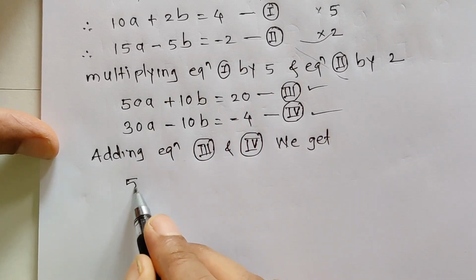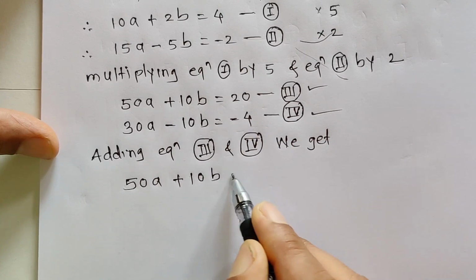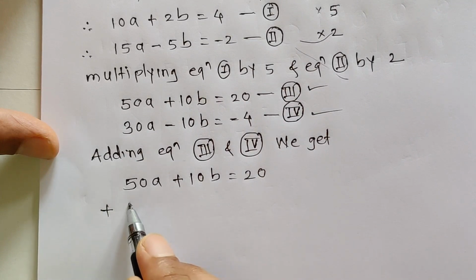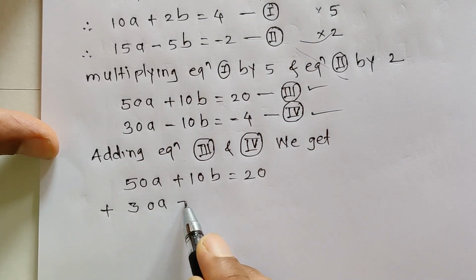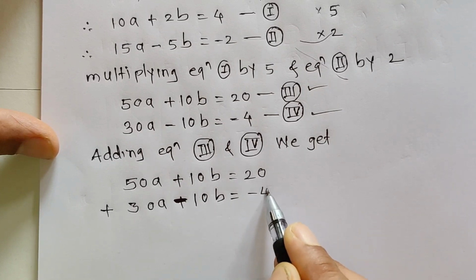First write equation 3, 50a plus 10b is equal to 20 and plus 30a minus 10b is equal to minus 4.